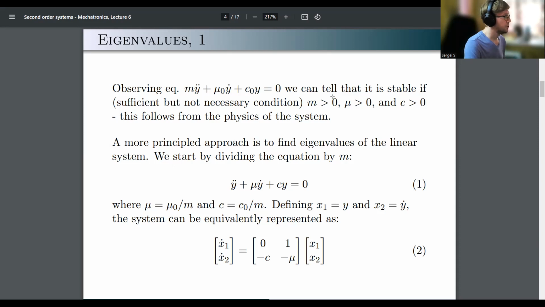But what you can do is, let's say you have a system where M is negative, okay? Well, then you can multiply everything by -1, and M will be positive. So let's say the higher order coefficient is negative, the coefficient in front of y double dot. Multiply everything by -1, you get the first coefficient positive.